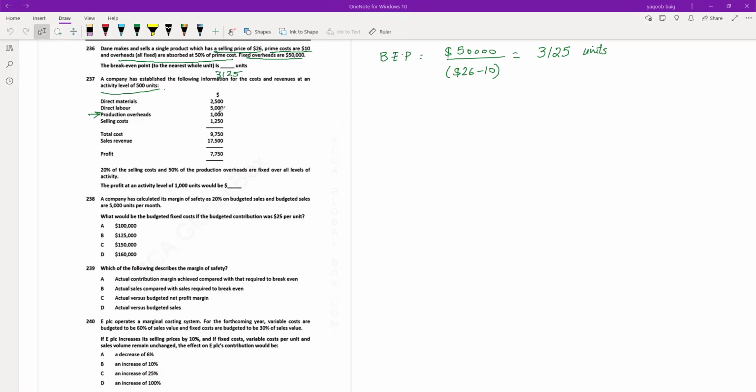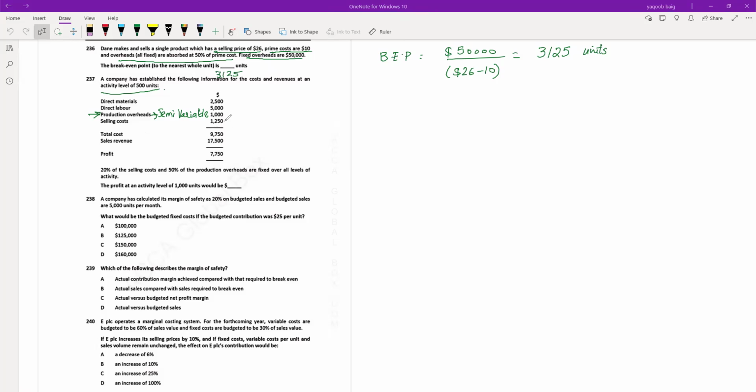So it means this one is semi-variable cost, and probably it will divide into two proportions. One is called variable cost per unit and the second one is called fixed cost per period. Remember, variable cost is always on the per unit basis and fixed cost is always on per period basis.